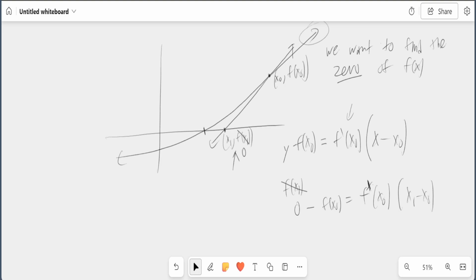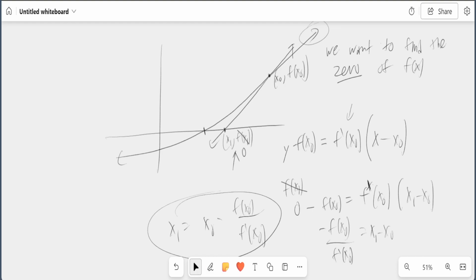So then that's x1 minus x0 equals minus f of x0 over f prime of x0. Then we add over the x0 and we get x1 is equal to x0 minus f of x0 over f prime of x0. And that's our Newton's approximation.